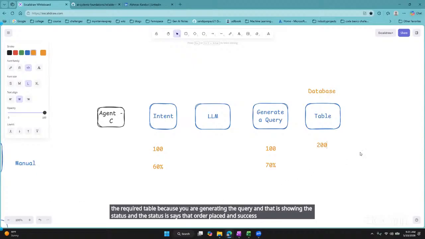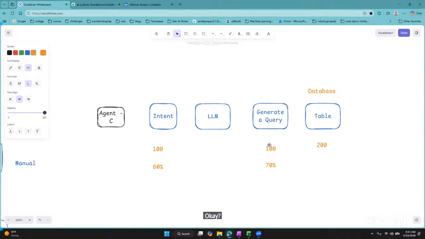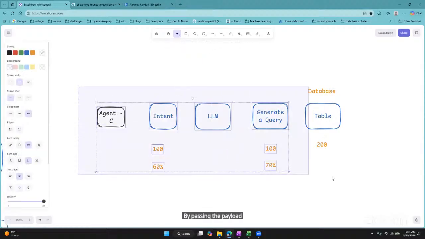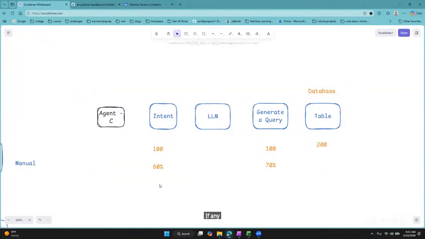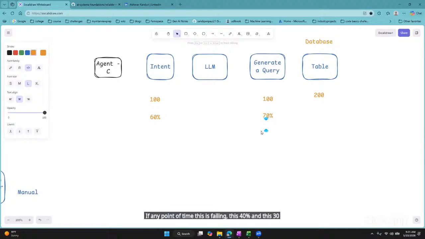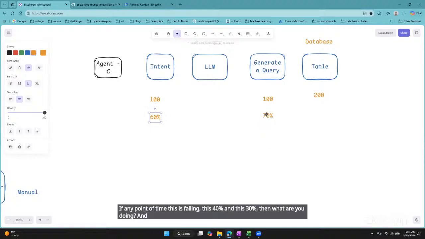Now it's an ideal situation where intent is perfectly identified, the query is correctly generated and it calls the right table by passing the payload. Now, if at any point of time this is failing, this 40% and this 30%, then what are you doing? And how are you saying this is 60% success, 70% success?